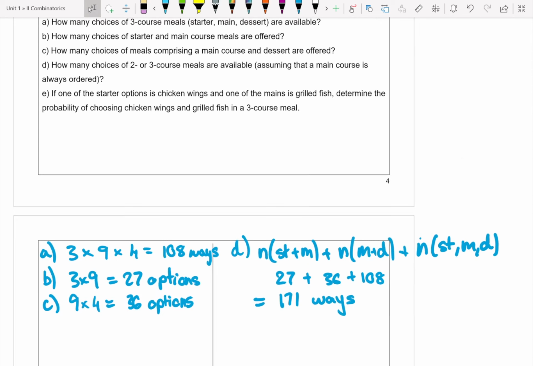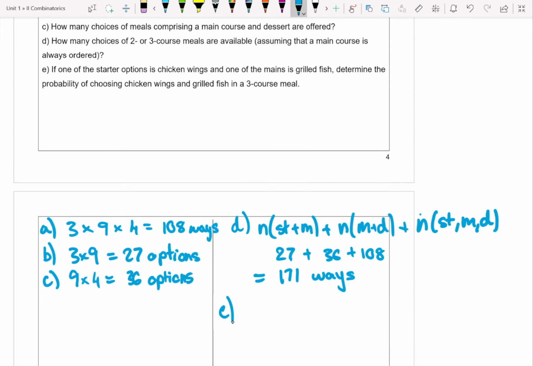Part E, if one of the starter options is chicken wings and one of the mains is grilled fish, determine the probability of choosing chicken wings and grilled fish in a 3-course meal. So for a 3-course meal, we first need to determine what is the number of options. Well, first of all, let's set up our probability equation.